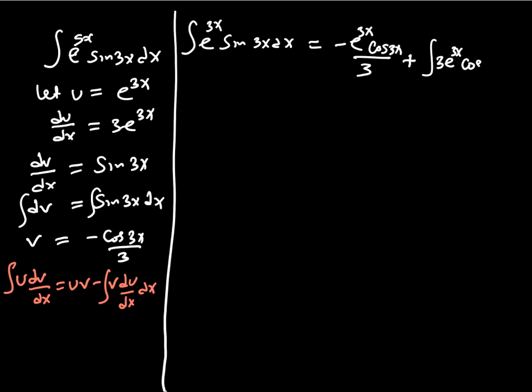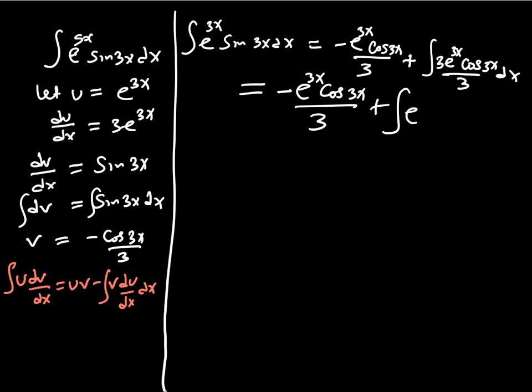So this is cos 3x over 3 dx. If you organize your work, you're going to have minus e to power 3x cos 3x over 3 plus the integral of e to power 3x cos of 3x dx.